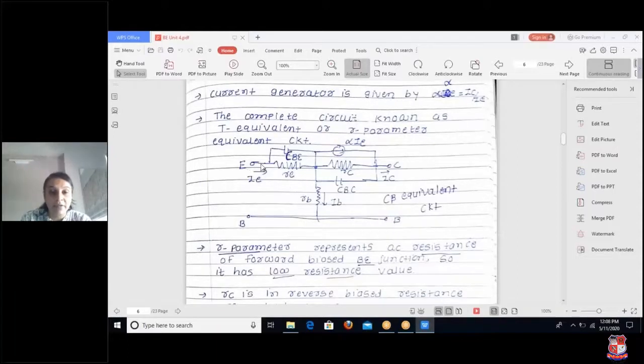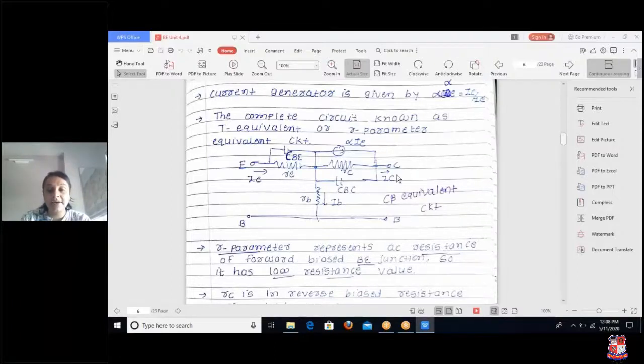So how do we make it? First of all, we draw the circuit like a T, right? In the T, we put three resistances. The first resistance is the input resistance RE. The right side arm is known as the collector resistance RC, and RB is your base resistance, right? The terminals are E and B, your input terminal.